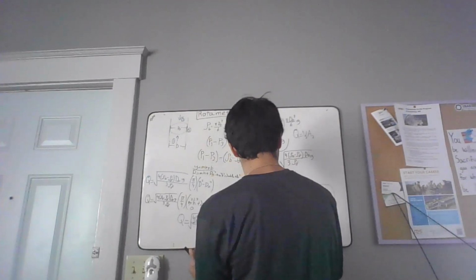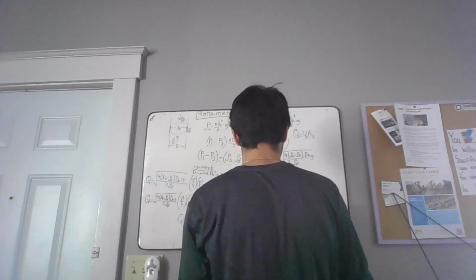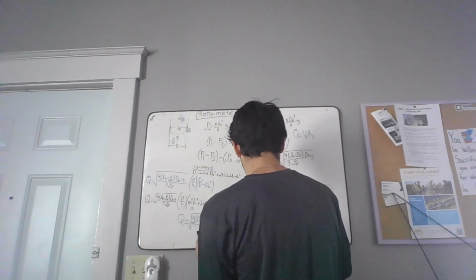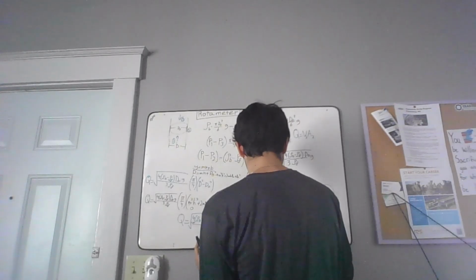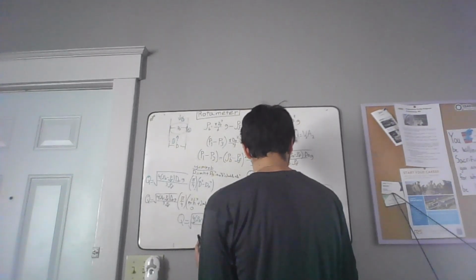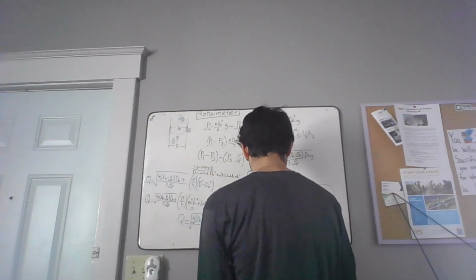I'm just going to put it to the power of 1/2, so I'm going to have 4 density of the ball minus density of the fluid times d naught times gravity all over 3 times density of the fluid.